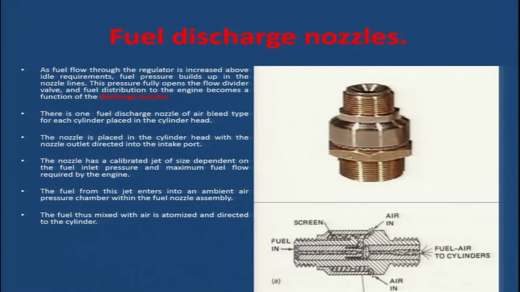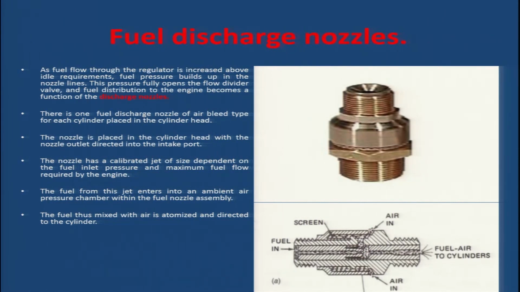The nozzle is placed in the cylinder head with the nozzle outlet directed into the intake port. Now the nozzle has a calibrated jet, of a size dependent on the fuel inlet pressure and the maximum fuel flow required by the engine.